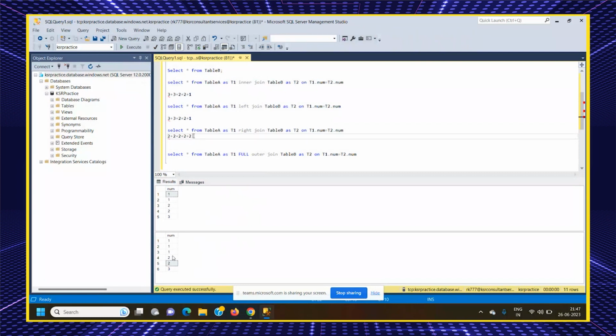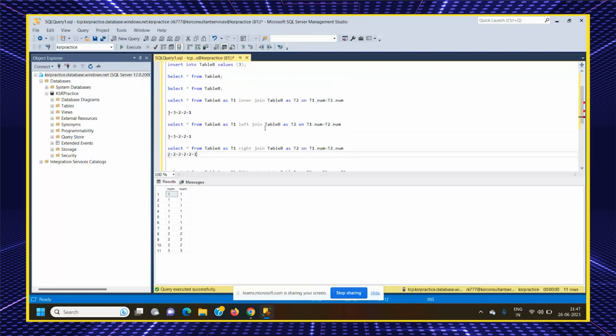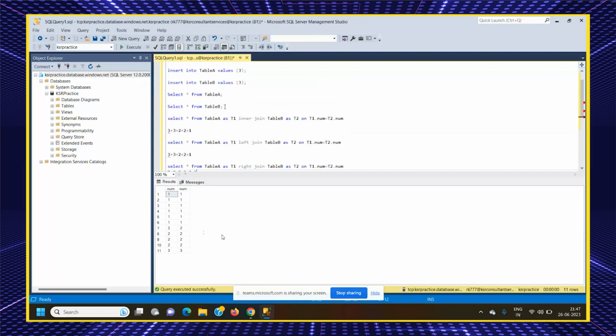For this 2, we have 2 similar 2s again. And for 3 also, we have 1 similar 3. So in case of right join, it would be 2 plus 2 plus 2, 6, plus 2, 8, plus 2, 10, plus 3, 13. So in case of right join, we have 13 number of records. Sorry, my bad. For every 3, we have only 1 similar record, so we have 11 number of records.